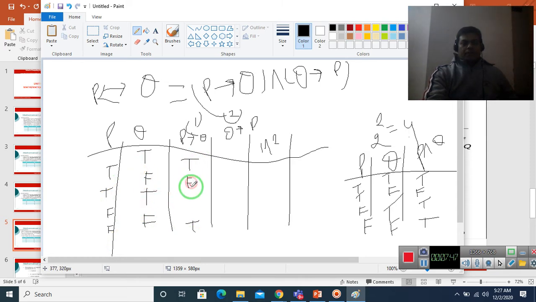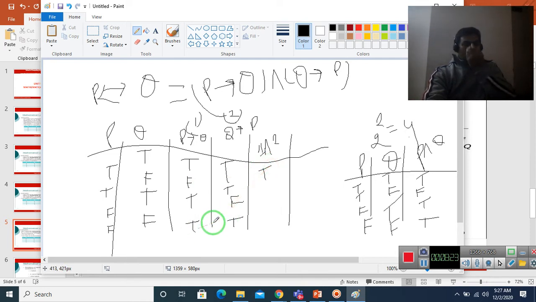False, true. The Q conditional P means that both true, the result will be true; both false, the result will be true; otherwise it will depend on P. P means true and false. In the conjunction, if both are true, the result will be true, otherwise it will be false.